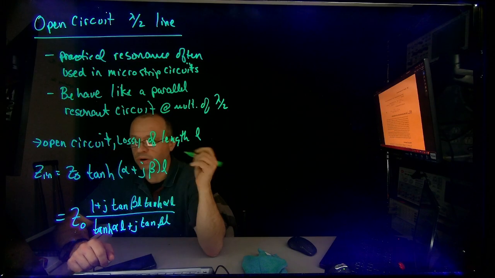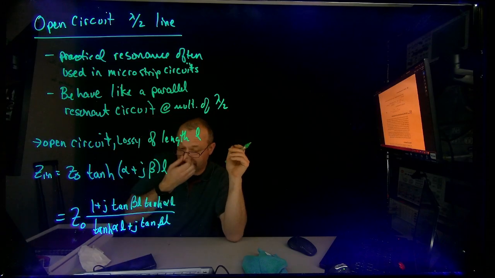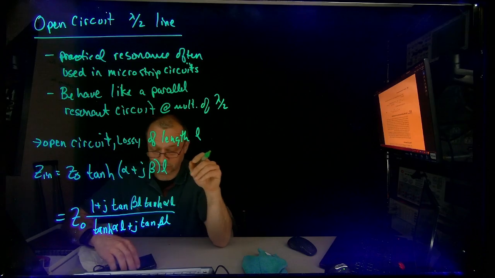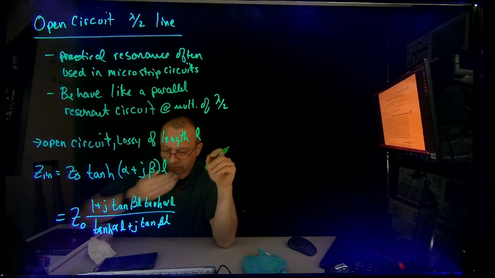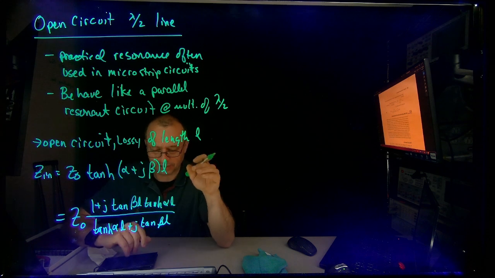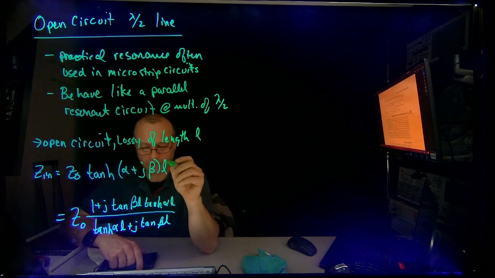And as before, most of this part is actually not going to change too much aside from the open circuit versus the short circuit. And that'll affect stuff down the line. So you'll see. We'll get there.